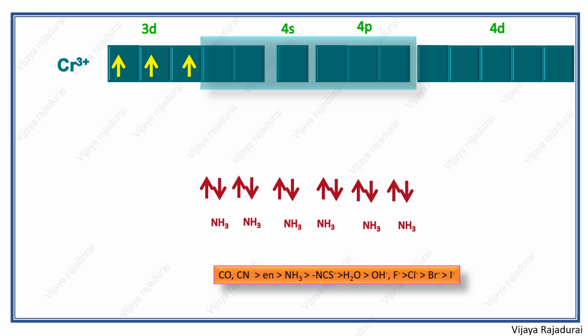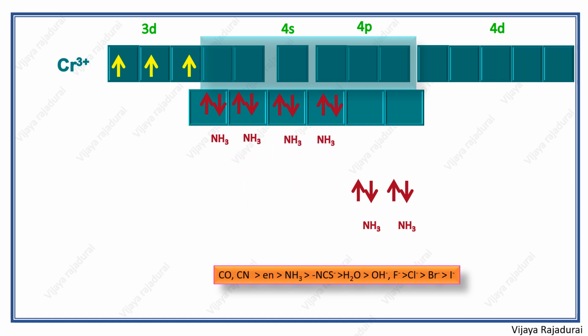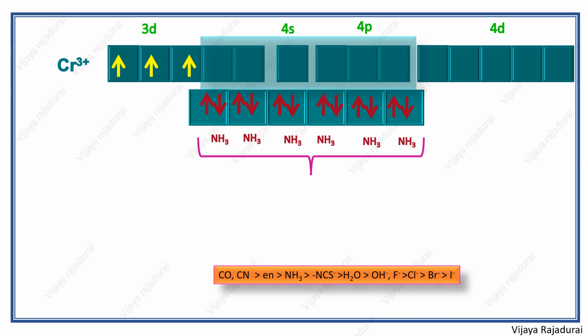Two 3d orbitals, one 4s and three 4p orbitals hybridize together, forming d2sp3 hybridized orbitals. The 6 ammonia ligands each donate one lone pair of electrons to the empty d2sp3 hybridized orbitals, forming 6 coordinate bonds.